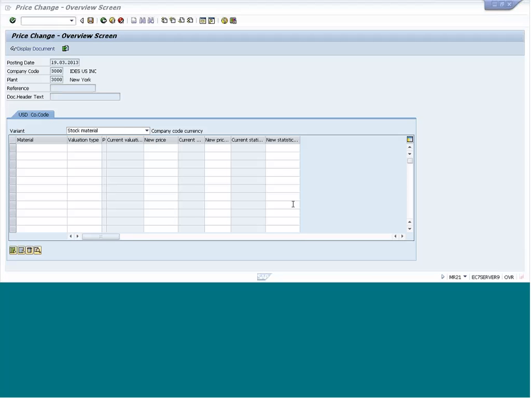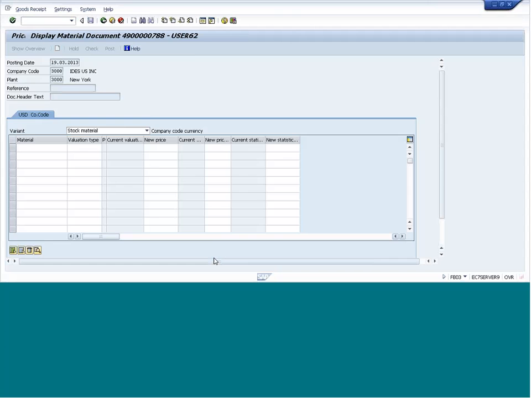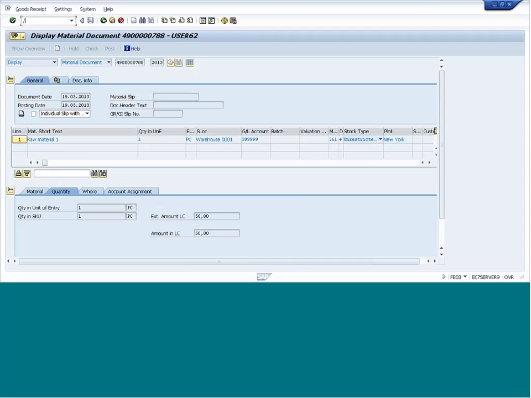If you are using S, then the moving average price is statistical. That's all. It's based on the opposite of the valuation price. If the valuation price is moving average price, which means V indicator, then the standard cost automatically becomes statistical. Does it make sense?